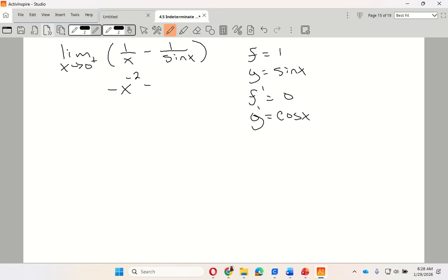The quotient rule is f prime g minus g prime times f, all over g squared.